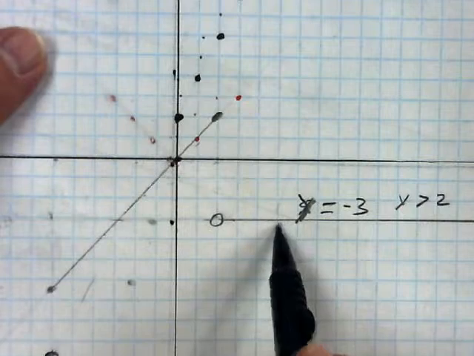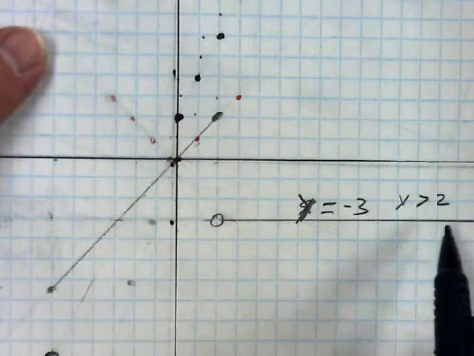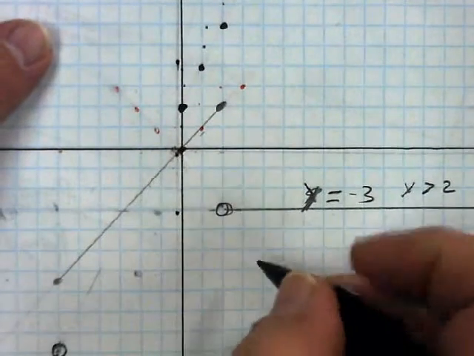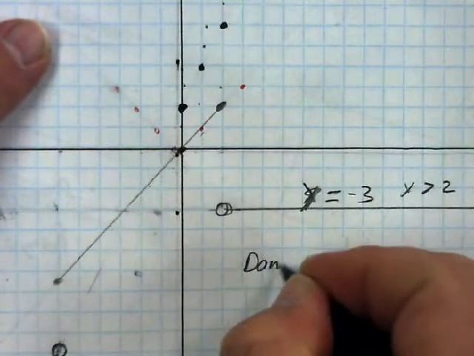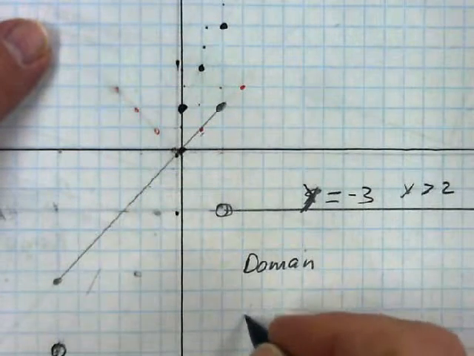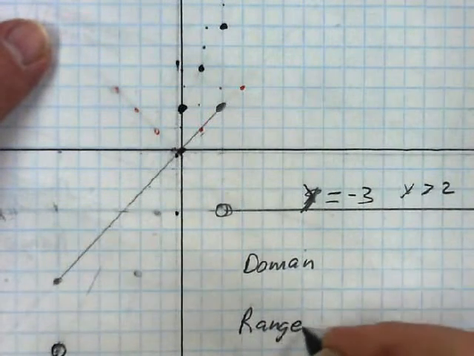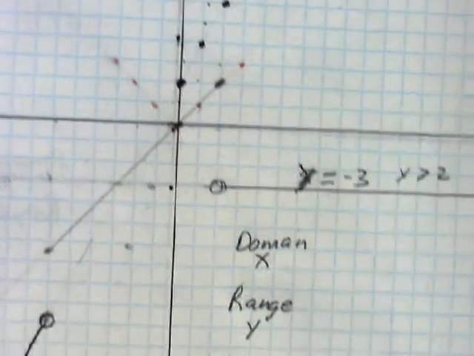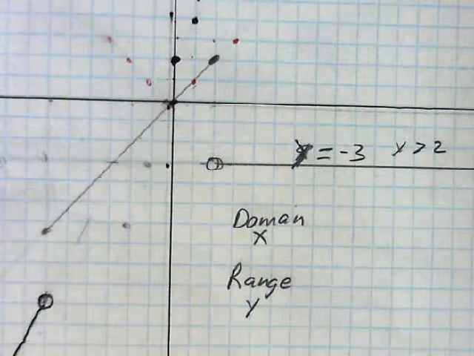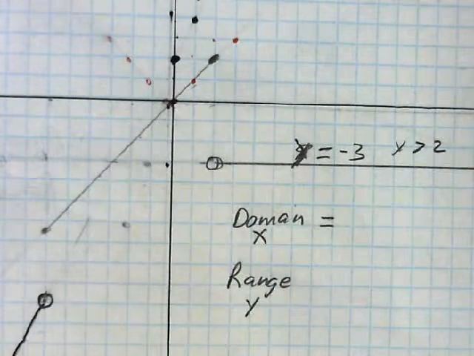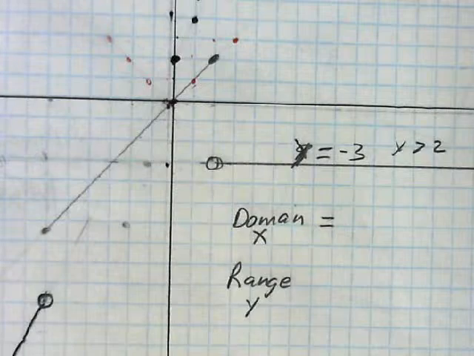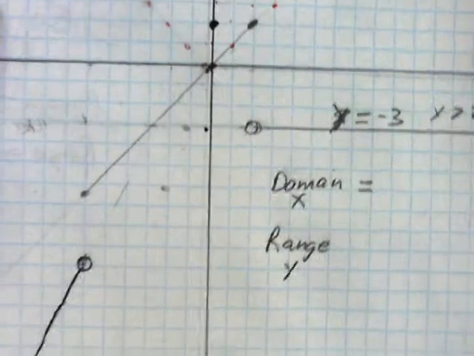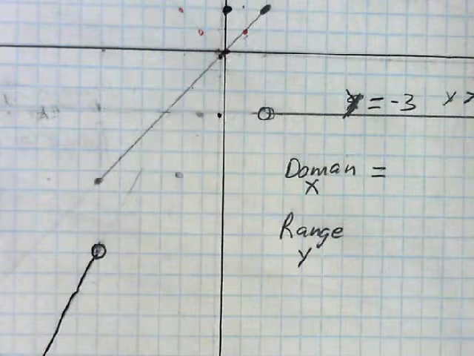Okay. So now I have to find the domain and the range. Domain goes along with the x values, range goes along with the y values, correct? Looking at your domain, what is the smallest x value you could ever have, looking from this graph? It goes on across it. Oh yeah, it goes on. Kind of goes along to the left forever, doesn't it?